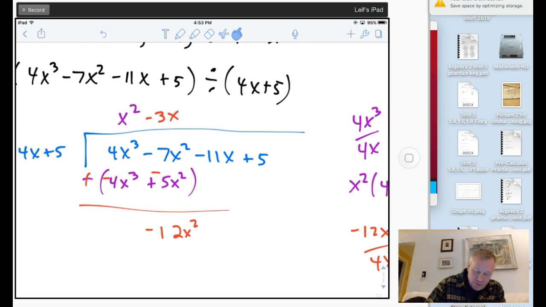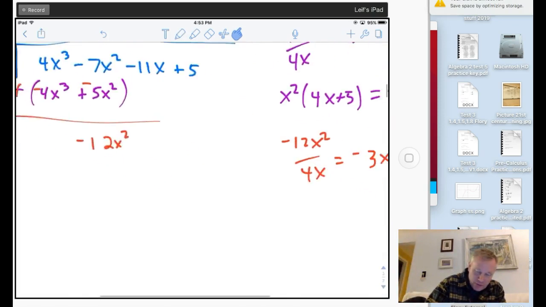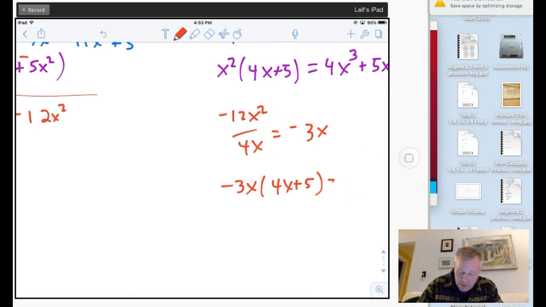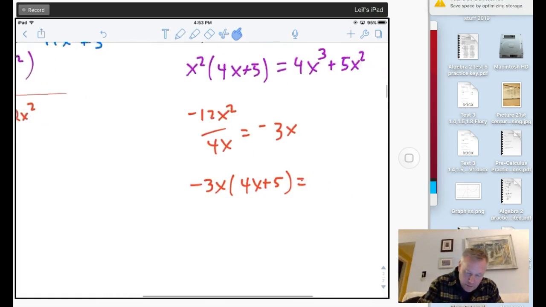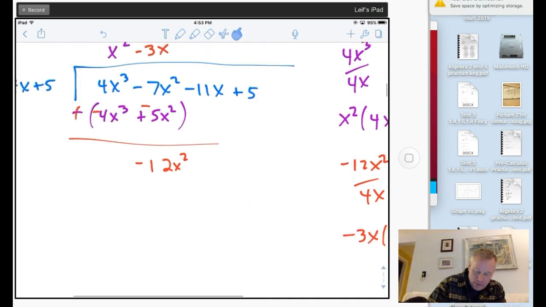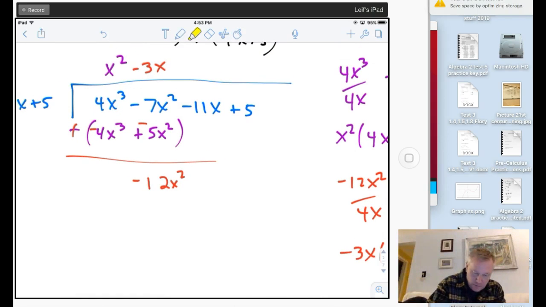So now I'm taking negative 3x and I'm multiplying it times 4x plus 5. Negative 3x times 4x plus 5. And when I do that out, I get negative 12x squared plus negative 15x.